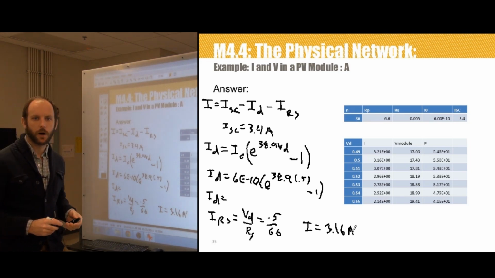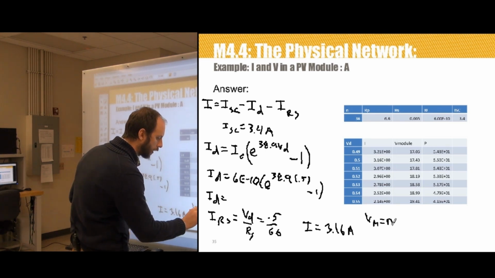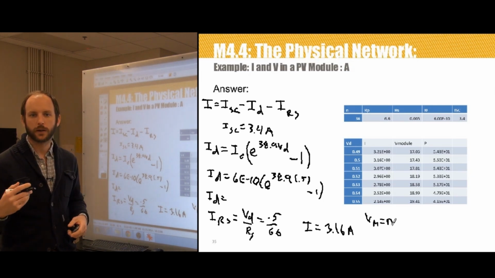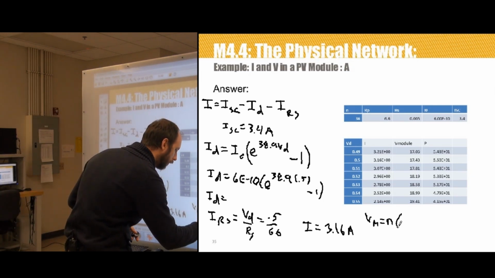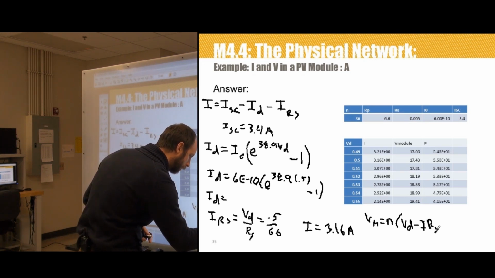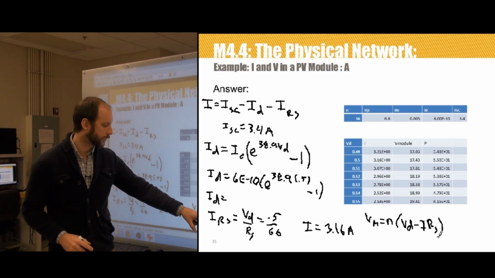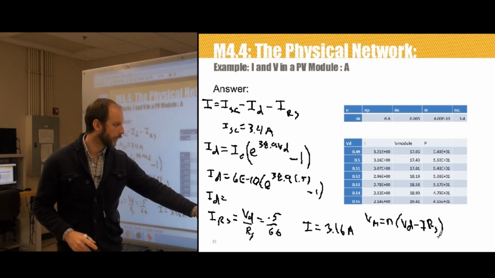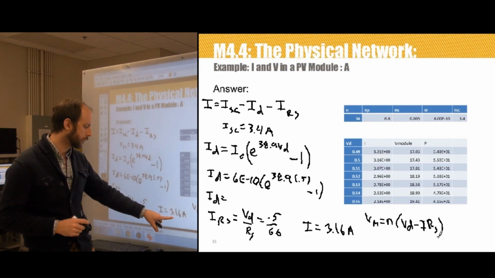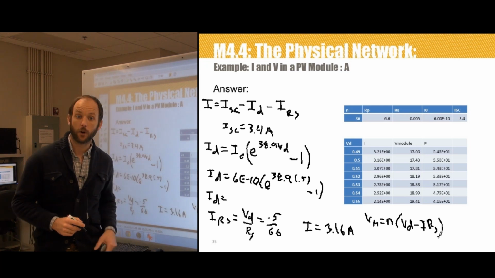The voltage in a module, V module, is just equal to N times the diode voltage minus IRS. So in this case, there are 36 cells. VD was 0.5 volts. We've got I, which we just calculated as 3.16 amps, and we've got RS, which was 0.005 ohms.